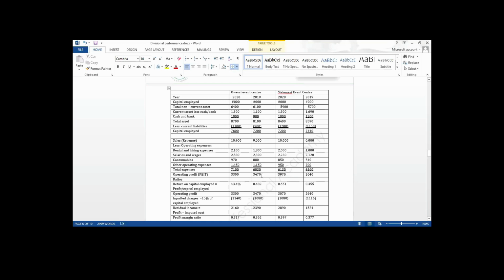Next, operating profit 3,470 divided by capital employed 7,200 multiplied by 100. What do you have? 48.2%.